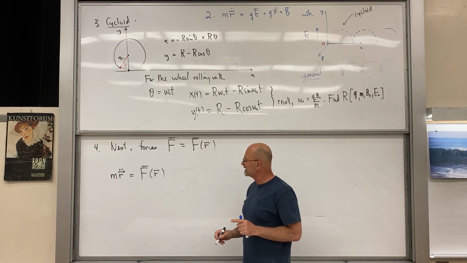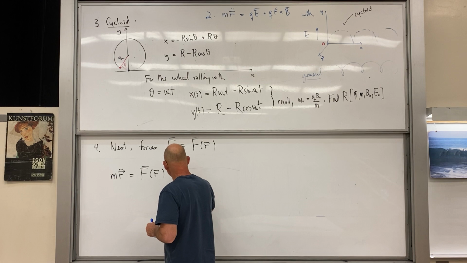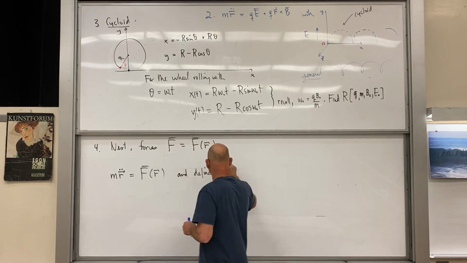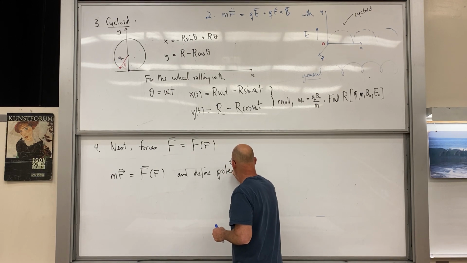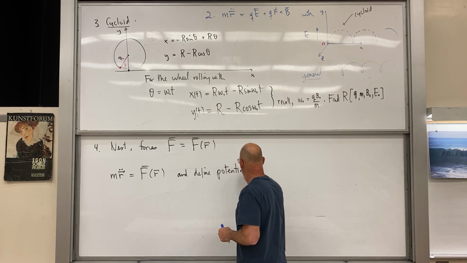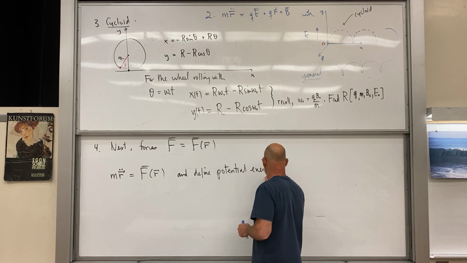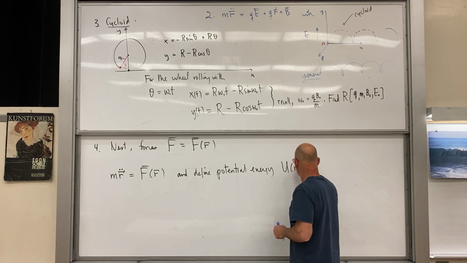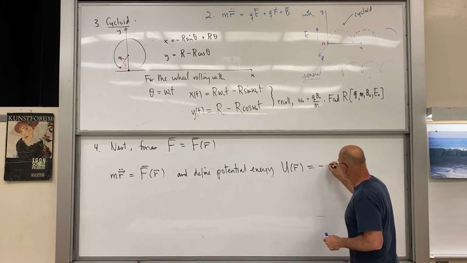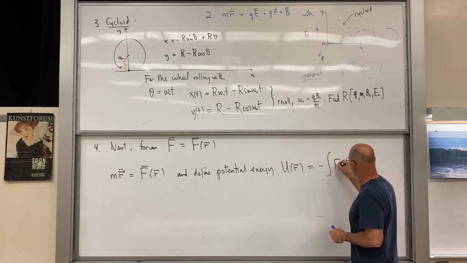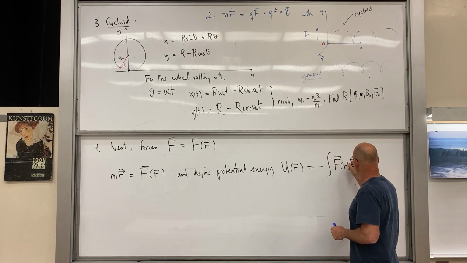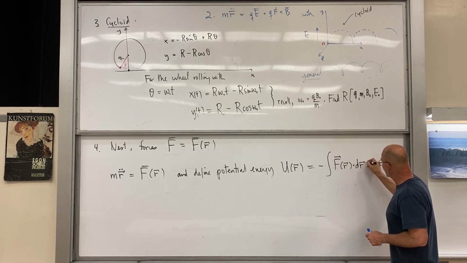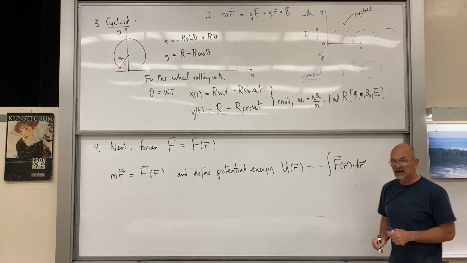So we're going to define the potential energy U of R is equal to minus the integral of F of R dot dr. Well, this has to be an integration variable, so we put a little prime on it.